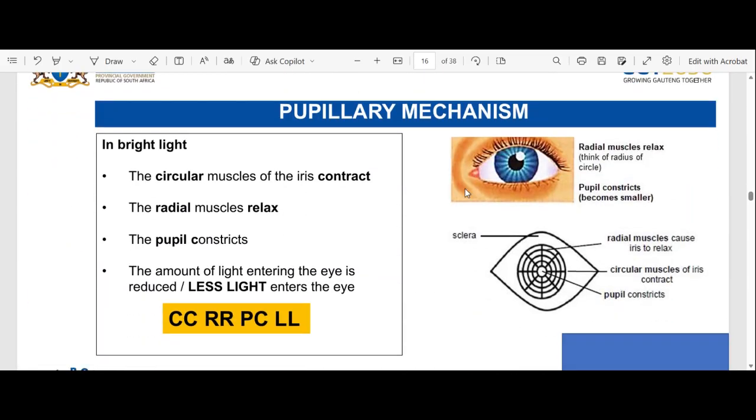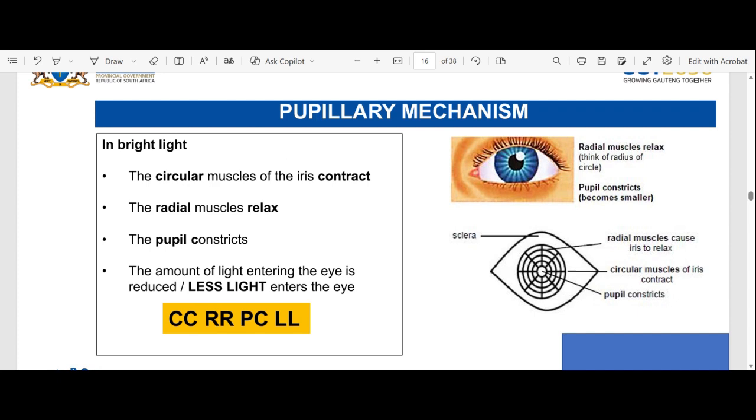Now let's look at your iris whenever you're exposed to bright light. In bright light, your circular muscles contract. One thing you should remember, guys, is that the muscles you find within your iris work antagonistically, so when one contracts, the other relaxes.